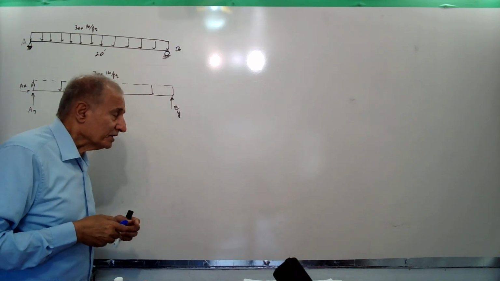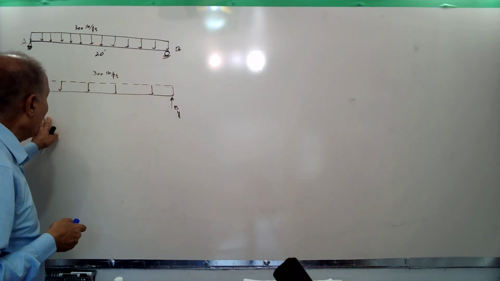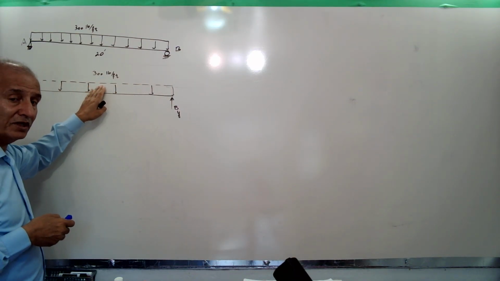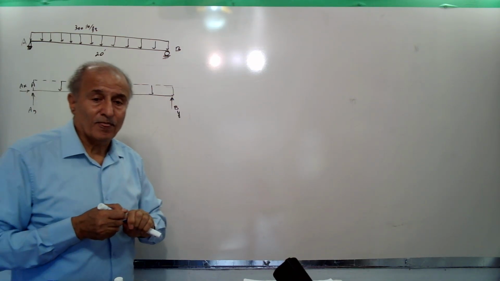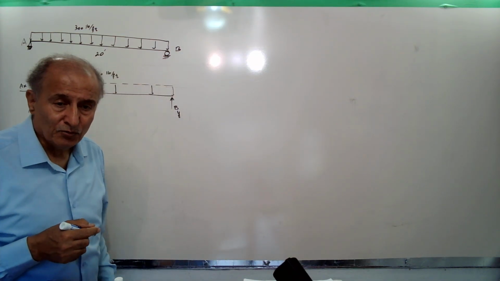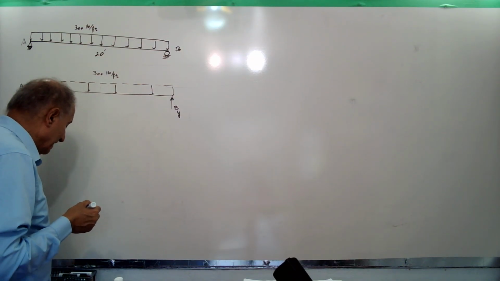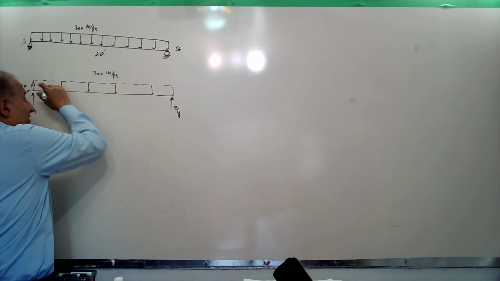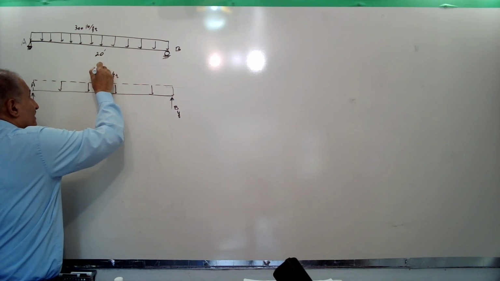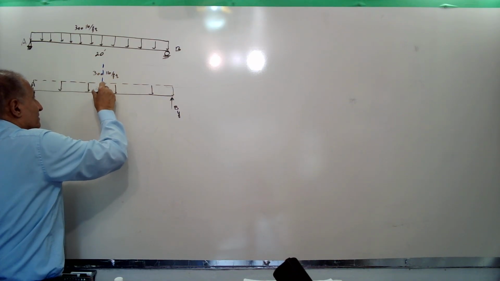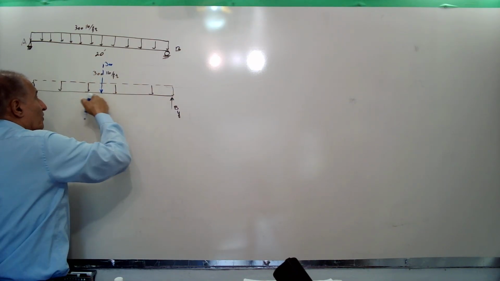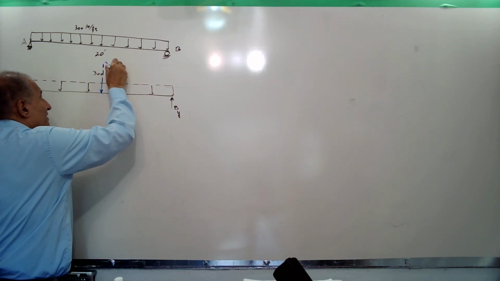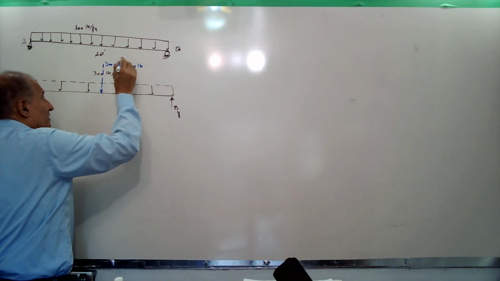In order to find the reactions at the support, we have to convert the distributed load in the free body diagram to a point load. The equivalent, which acts in the middle of this rectangle, is equal to 300 times the length of the beam, which is 20 feet, so 6,000 pounds.